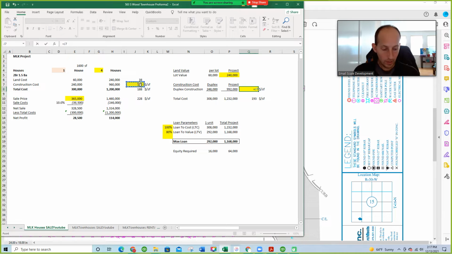So we've got the house, 1,600 square feet. If we split it into 4, we're going to say each lot is worth $60,000. Now, there may be costs to splitting it. You may have legal fees, city fees, surveying fees, etc. But we're going to just kind of do a simple math here. $60,000 per lot, and it costs, let's say, all in $150 per square foot to build.